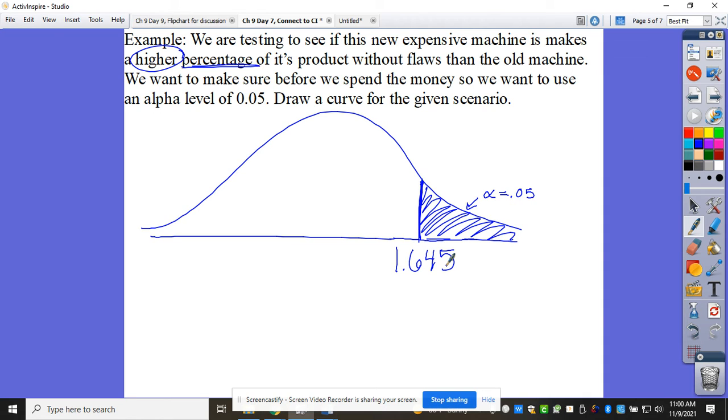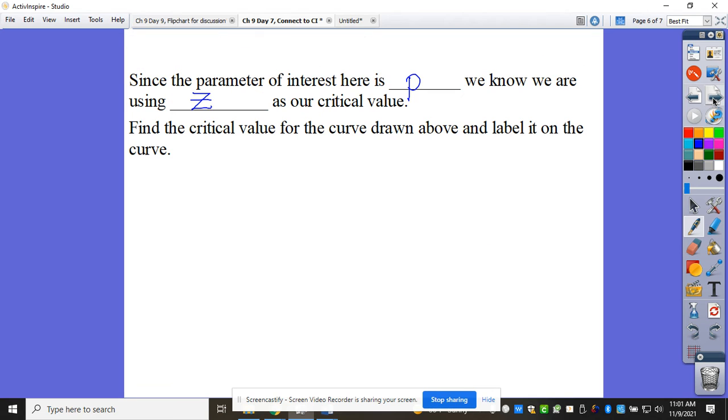So 0.05 tail probability is one of my options. Where would I be looking for a z? All the way down the bottom, infinity, and what does it say? So if you were lost with how I got this, that's one way that I could have gotten this. Questions right now?